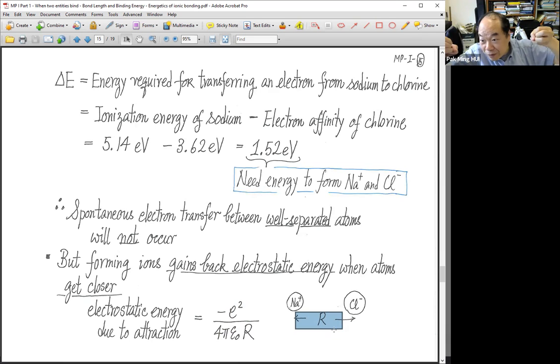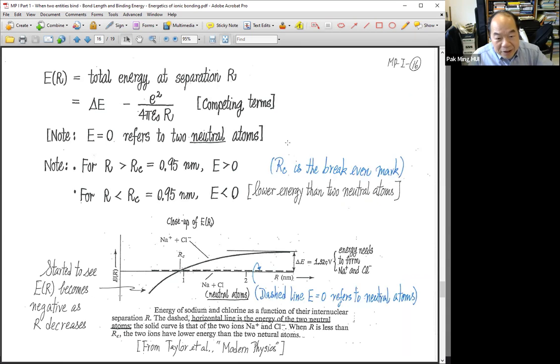You need 1.5 eV, but if the separation is right, you gain back that energy. Indeed, you can set it as R critical, or RC, and equate it to this to find the break-even point.